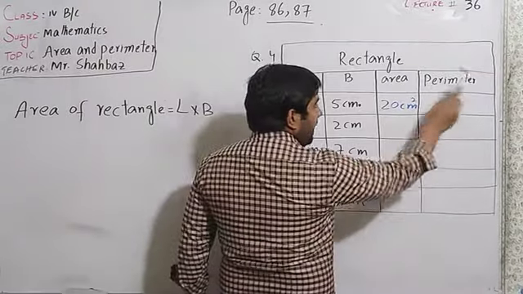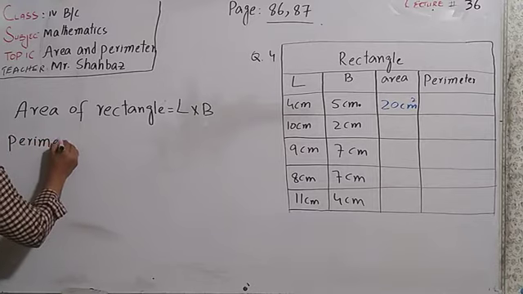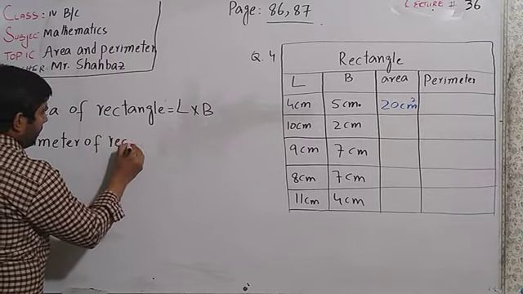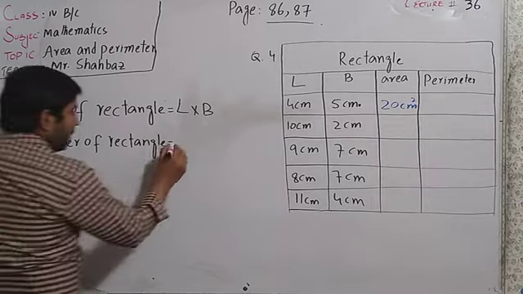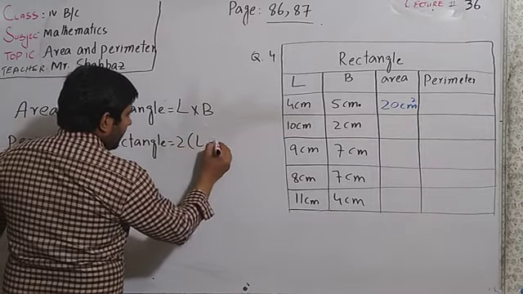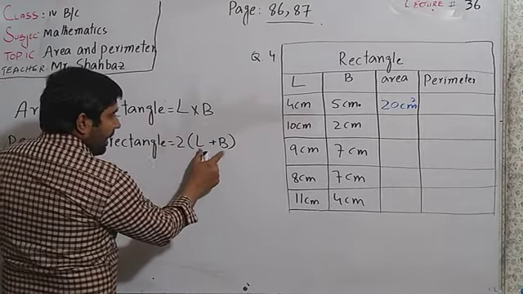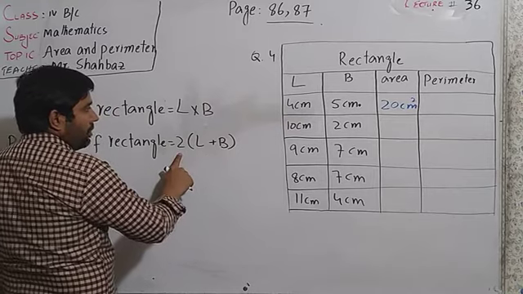Now we have to find the perimeter. I also told you the perimeter of rectangle is equal to 2 times length plus breadth. First of all, we add length and breadth and then multiply with 2.